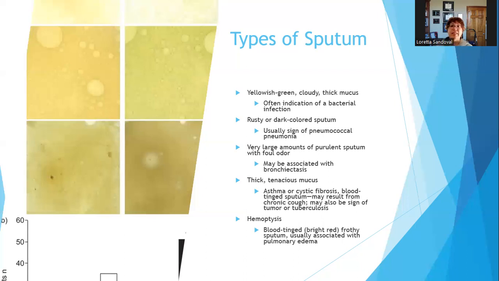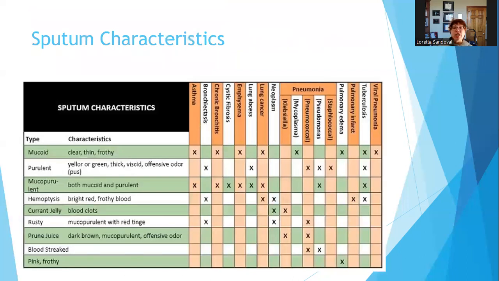So we have this lovely little chart here, which is from O'Sullivan, which talks about the different characteristics of sputum and what diseases they're associated with, and even specifically down to what specific organism is causing your pneumonia, which, I mean, that's pretty important stuff. And I had 3 slides on sputum, so that's probably pretty important.